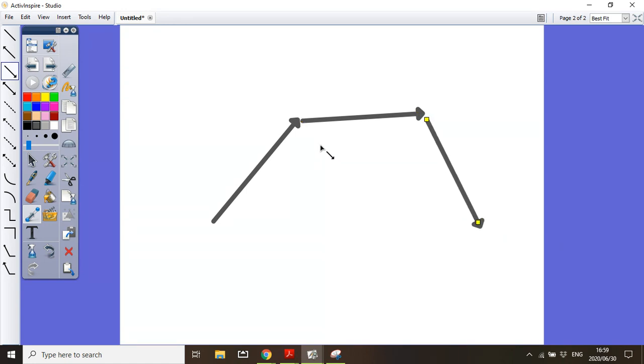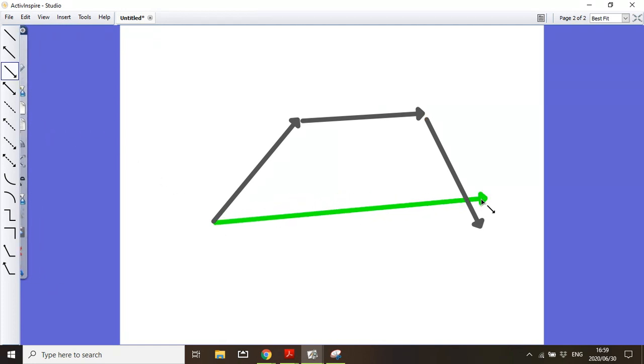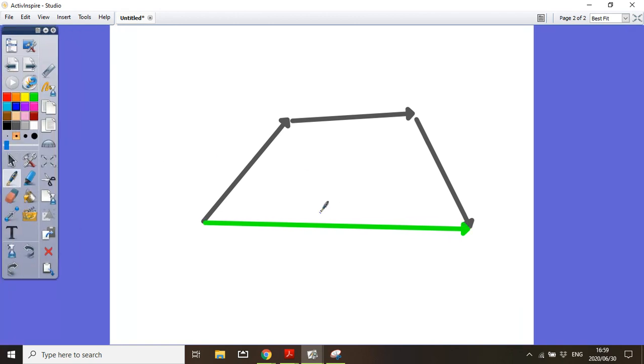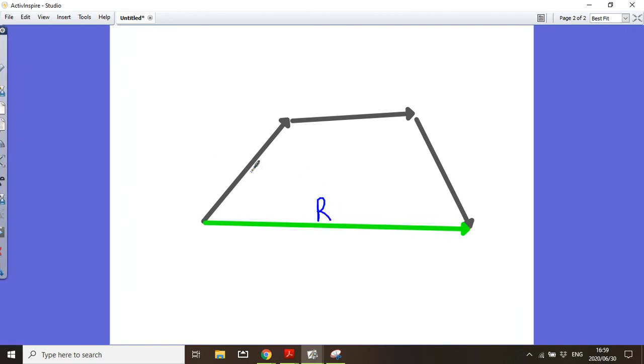So say it's someone walking. Now you need to remember that the resultant would be the vector that from the start of the first one replaces the effect of all these vectors, because that's where I'm going to end up. So my resultant vector is going to be in place of all of those.